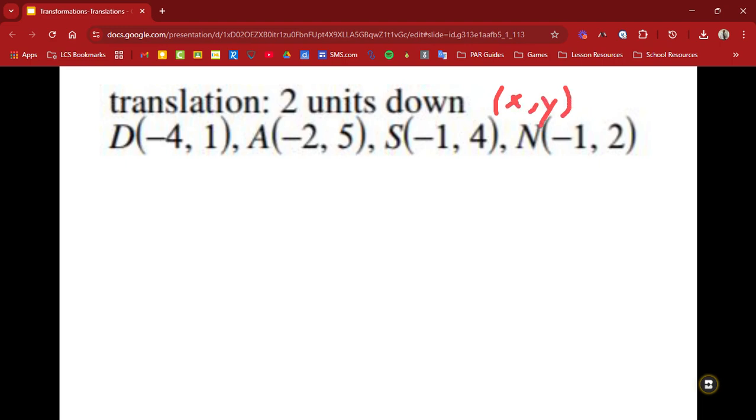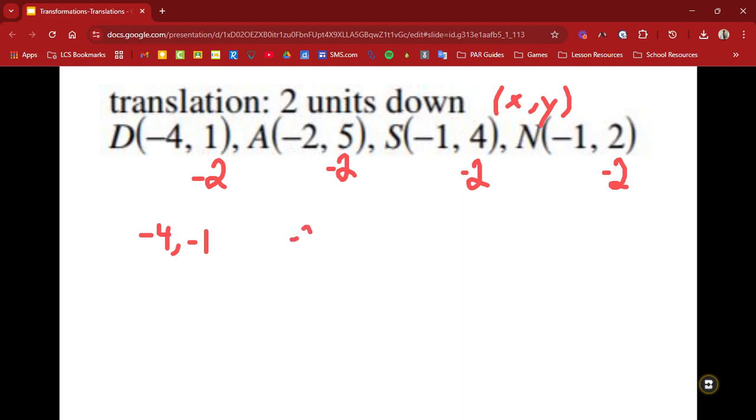All right. So for my X value, I'm not doing anything. For my Y value, I'm going to be subtracting 2. So from all of these numbers here, I'm going to take away 2. All right. So then D ends up being, I'm not going to write the coordinates with the D prime thing, but 1 minus 2 is going to be -1.